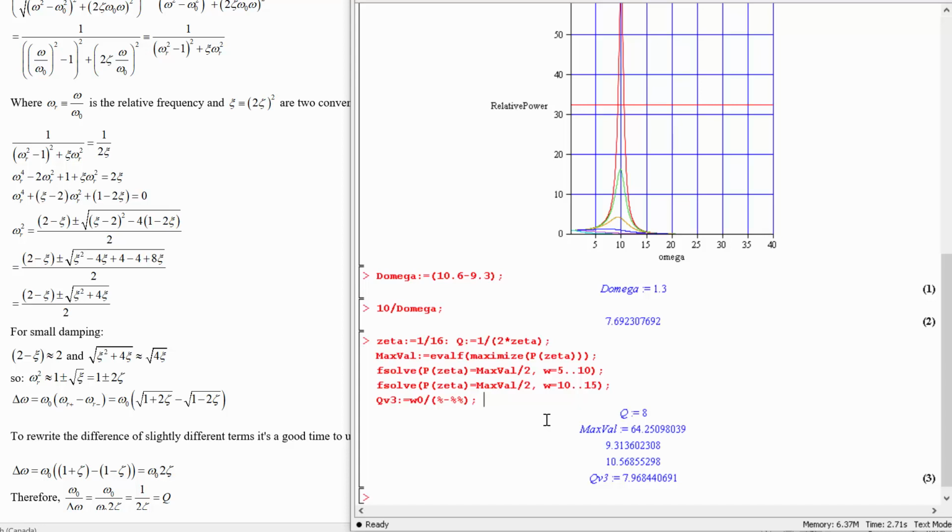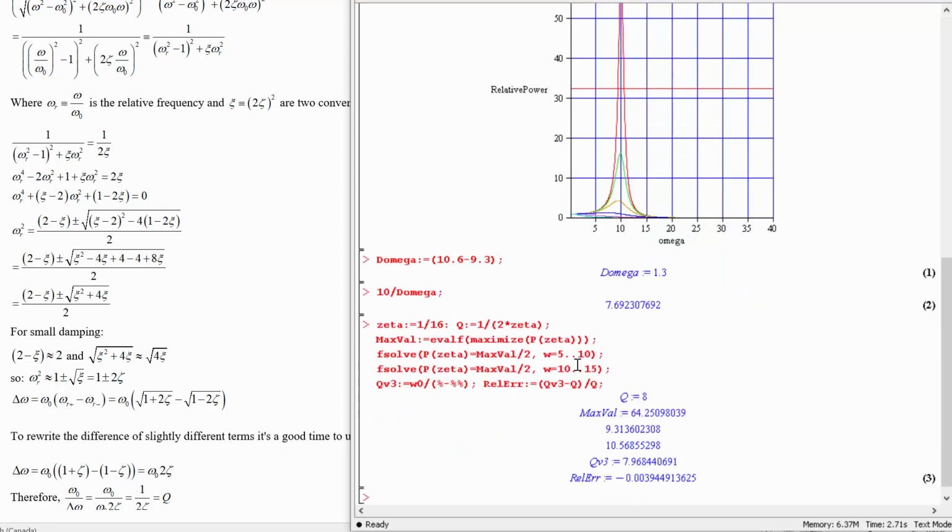And maybe we can form the relative error by taking Q-hat minus Q over Q. Okay, so we've got negative 0.4% as our relative error in using this frequency over the half width and the power spectrum definition for Q.